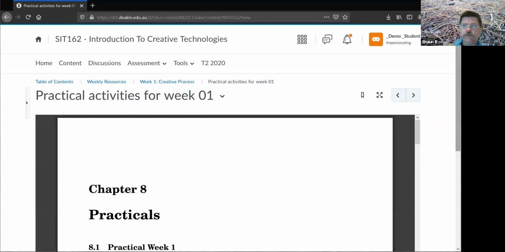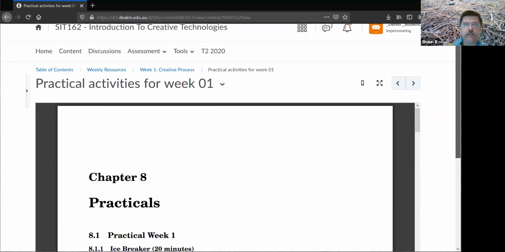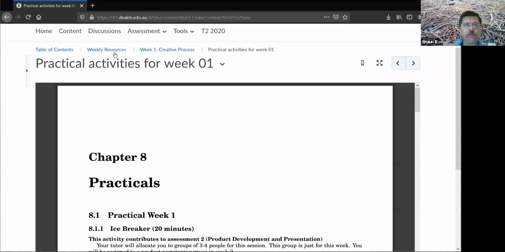So when you get to your practical, what you're going to be doing is opening up the weekly resources. You'll find under the week that we're working on the practical activities for that week. For week one, this is an introduction to all of the assessment tasks that we're going to be working on in the unit, and a chance to start making progress towards completing the activities that will eventually allow you to be assessed in that area.